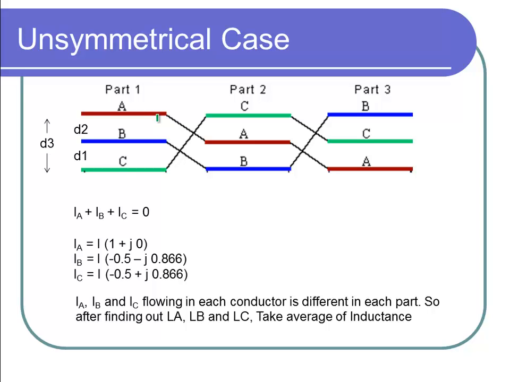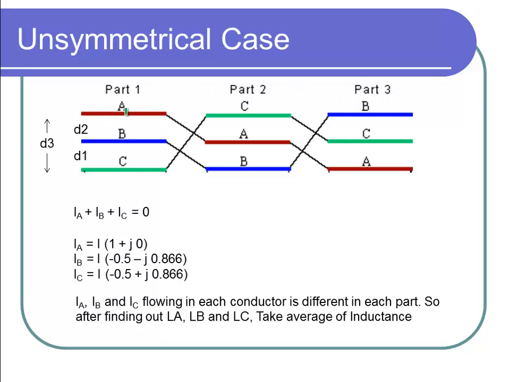In order to avoid this uneven voltage, the formation of inductance in the transmission network should be equal. In order to make the inductance formation equal, or to balance the inductance, we are transposing the conductors at regular intervals. So that's why here we are showing section 1, section 2, section 3.